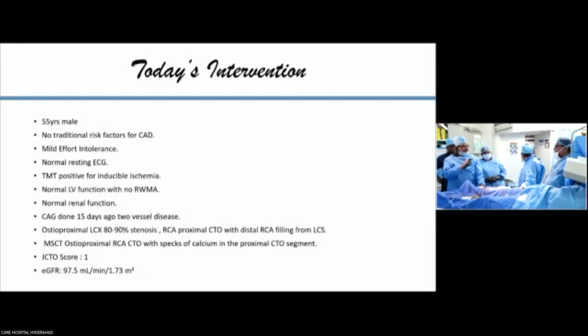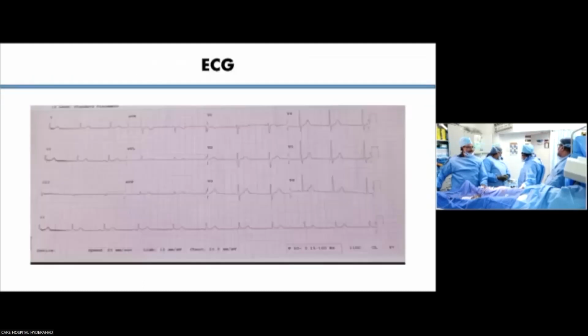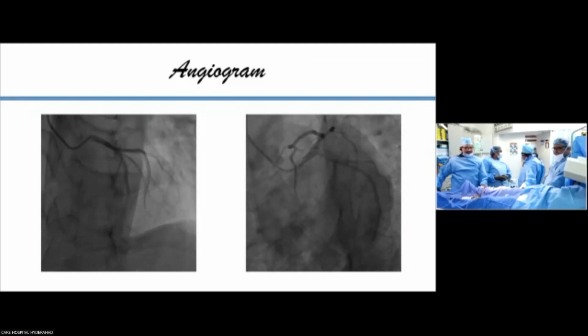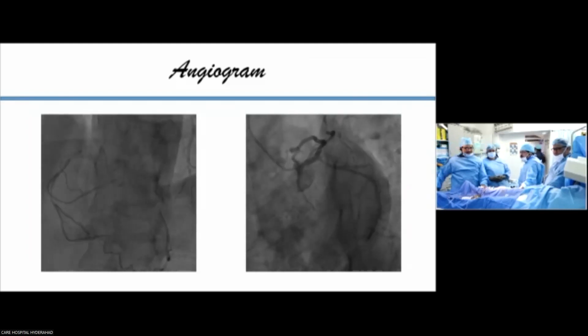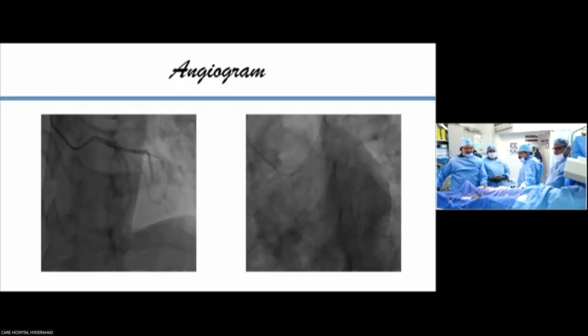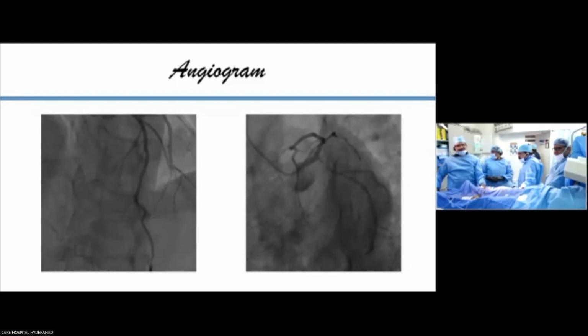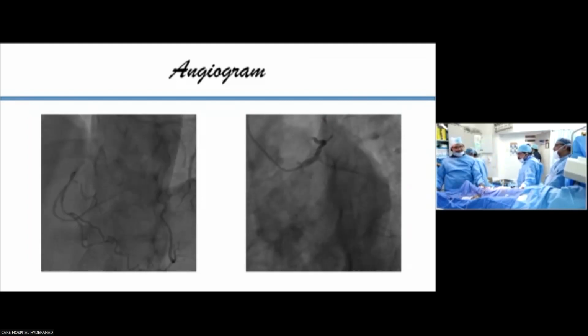So he had an angiogram done at a different facility about 15 days ago, prior to the intervention, which we'll just show you. So this is the index angiogram. As you can see on the left side, we have septal collaterals feeding a totally occluded right coronary artery.